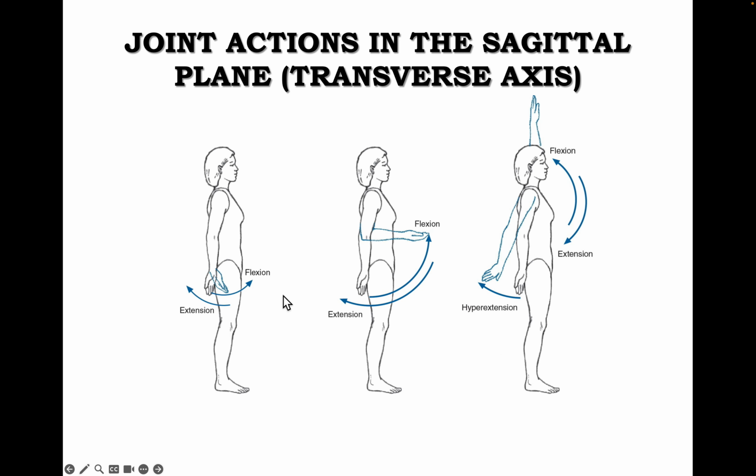So here are some specific anatomical names of movements that occur in the sagittal plane. Notice here, bringing the elbow up would be considered a flexion movement. Bringing the elbow down would be extension. Shoulder coming up, flexion, shoulder coming down, extension. Right here on the left side, we've got wrist flexion and wrist extension.